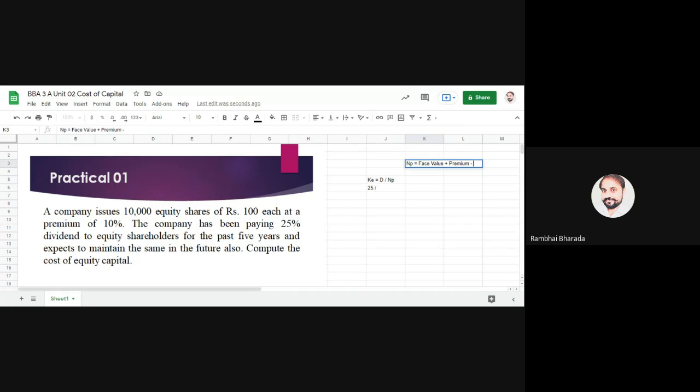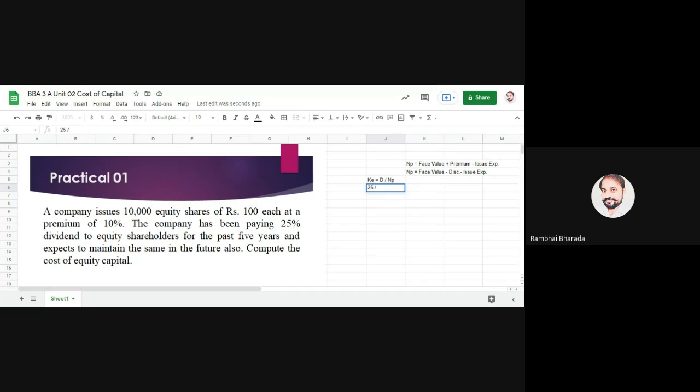And less issue expenses if it is given. होंगे तो हम लेस करेंगे, नहीं होंगे तो नहीं करेंगे. In the same formula, if I have a discount, then I need to deduct. Issue value minus discount minus issue expenses. Are we clear about NP? Yes. Face value plus premium minus issue expenses.